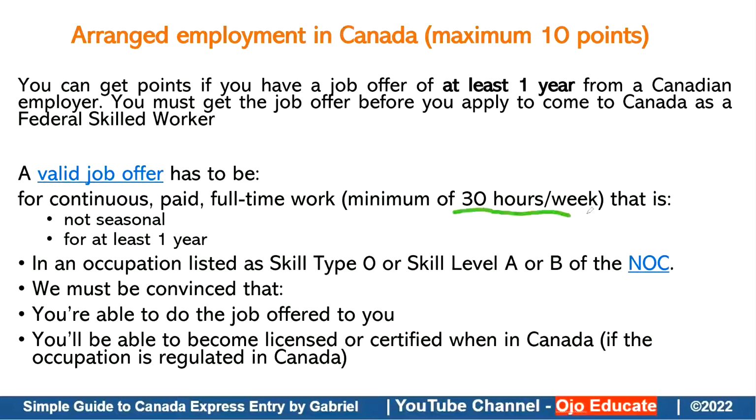It has to be a minimum of 30 hours before you can use that, and it has to be in an occupation listed in type 0, A and B in the NOC. I'm going to do a complete video to explain the National Occupational Classification, that is NOC, Canada's National Occupational Classification, to give you details about it. For you to get these 10 points, you have to have a job offer.